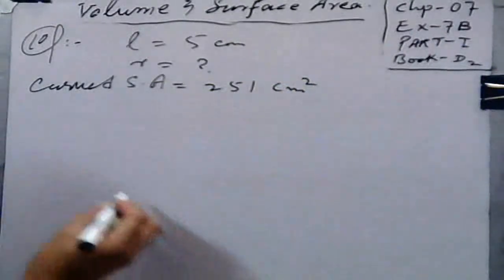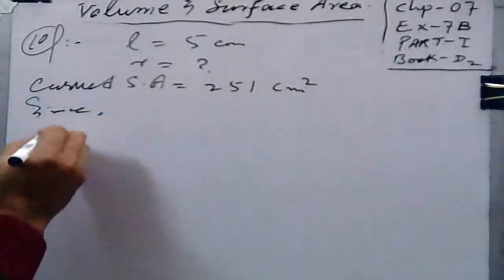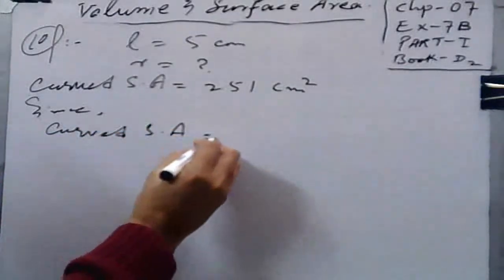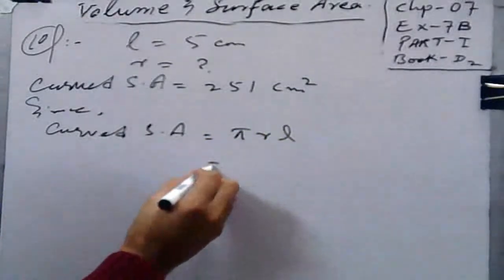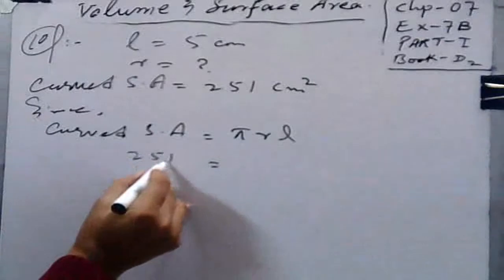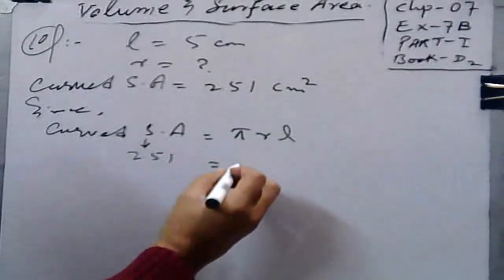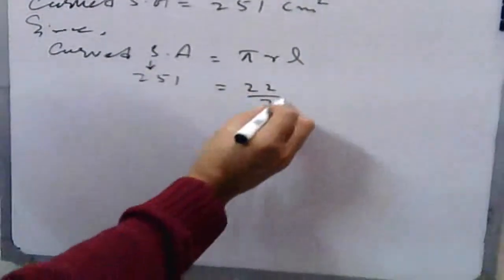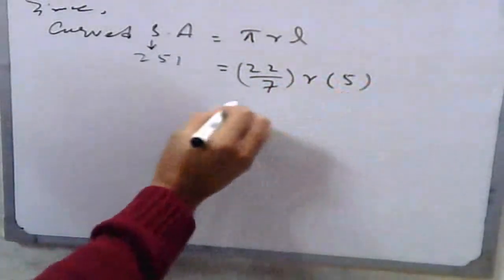Since we have a formula, that is curved surface area is equal to pi RL. The curved surface area is given, that is 251, so you have to put the values here. The value of pi is 22 by 7, the value of R we have to find, and slant height is 5.